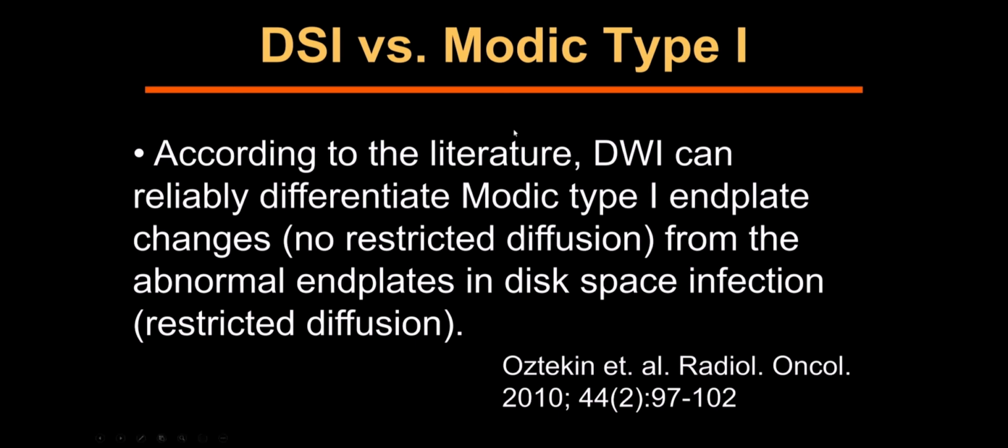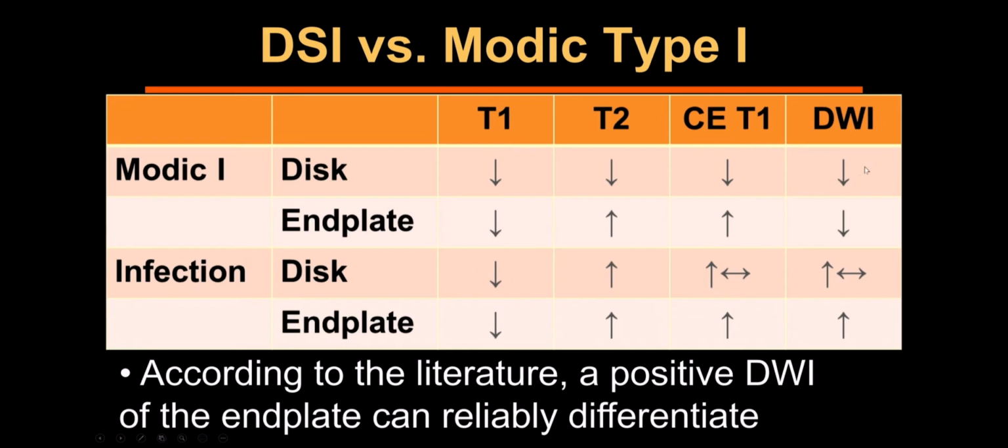Well, this sounds pretty good, but unfortunately people were turning up some restricted diffusion even in the Modic Type I changes. And so I've added this to the chart, but I've sort of given you a little sideways arrow here that, yeah, you should have restricted diffusion within the end plates. Sometimes that occurs within the disc, but not always.